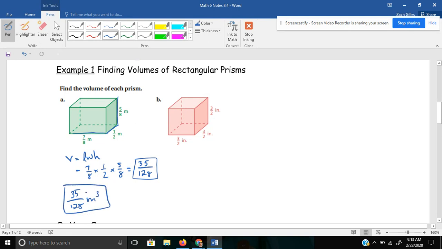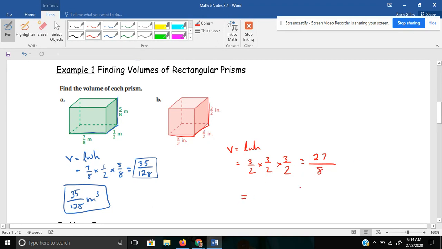meters cubed, or you'll often hear people say cubic meters. For letter B, again, I'm going to start the same way: length times width times height. So 3/2 times 3/2 times 3/2. That will give me 3 times 3 is 9, 9 times 3 is 27, and 2 times 2 is 4, and 4 times 2 is 8.